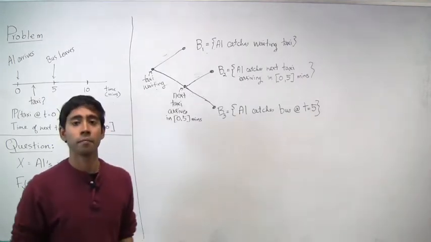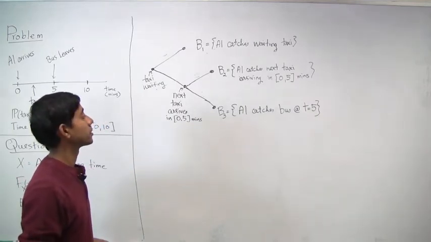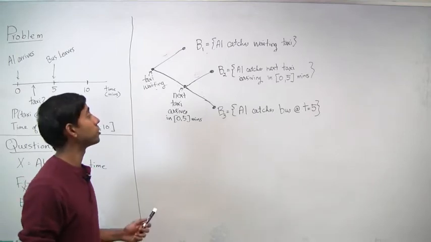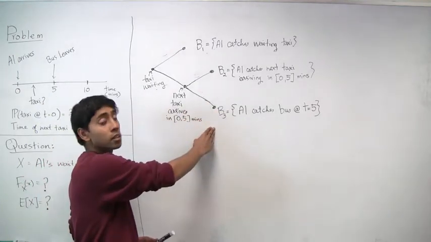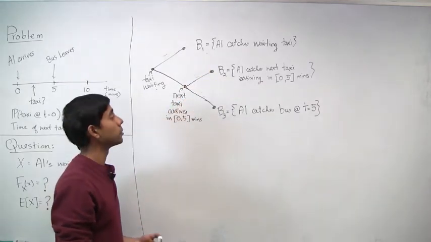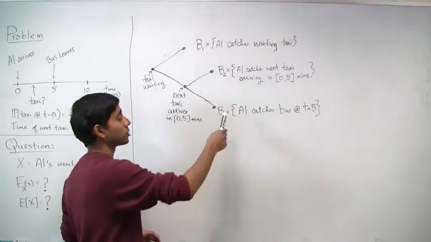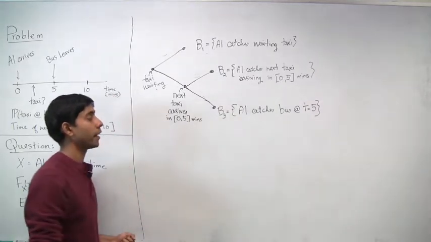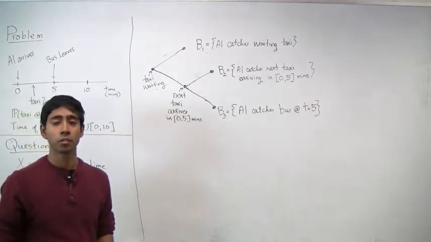So one way to view this problem that's convenient is the tree structure. I've drawn it for you here, in which the events of interest are B1, B2, and B3. B1 being Al catches the waiting taxi, B2 being Al catches the next taxi, which arrives between 0 and 5 minutes, and B3 being Al catches the bus at time t equals 5.